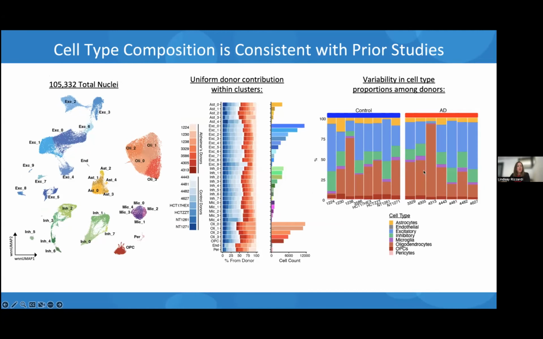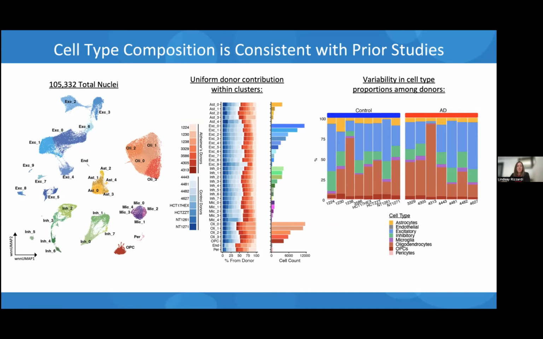In addition, we identified subpopulations, and then we looked to see if there was uniform donor contribution within each cluster, mainly to make sure that one donor wasn't overwhelmingly contributing to a single subpopulation. And we found relatively even distribution across all of the cell types and subclusters that we identified.